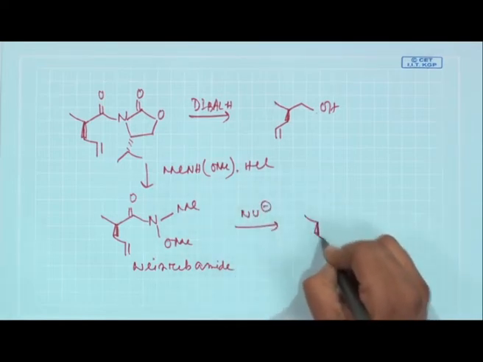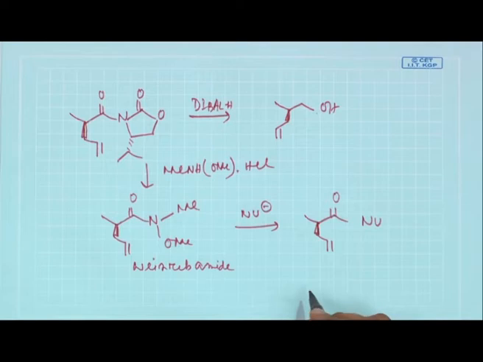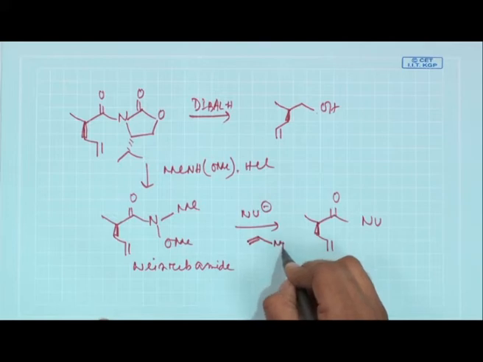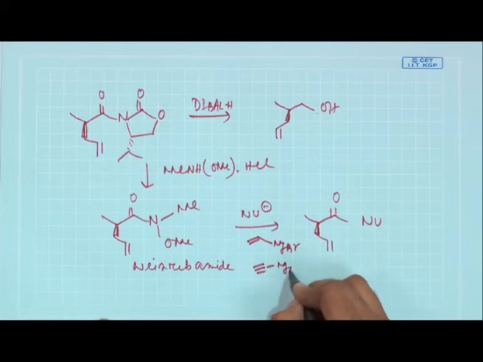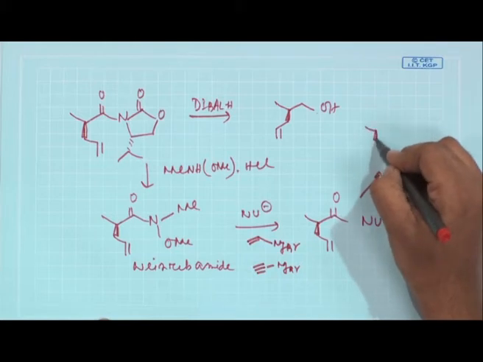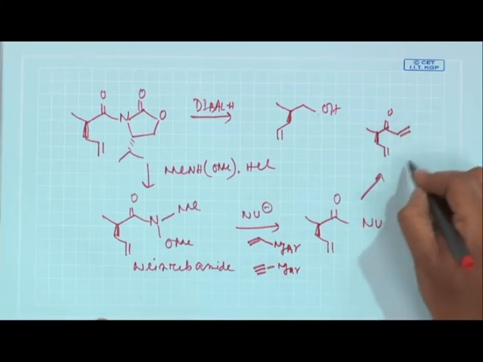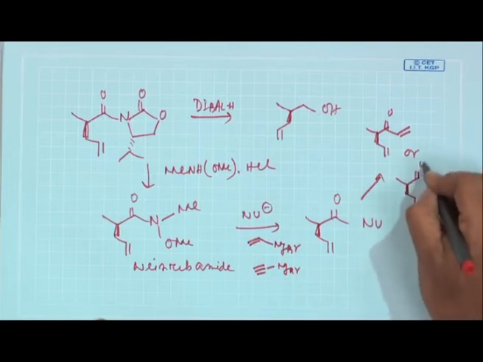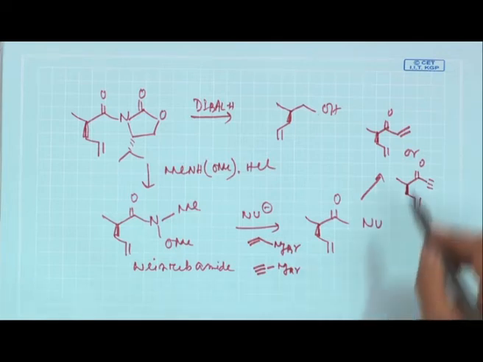Now, this Weinreb amide basically reacts with any simple nucleophile, so that if your final target has to be this kind of compound. This kind of nucleophile could be your vinyl Grignard, could be your acetylenide Grignard, and based on this you can basically get compounds like this kind of vinylic ketone or this kind of propargylic ketone based on your desired requirement.